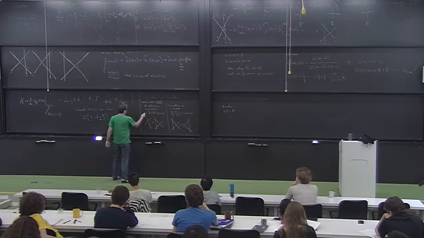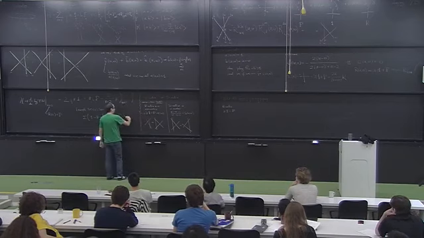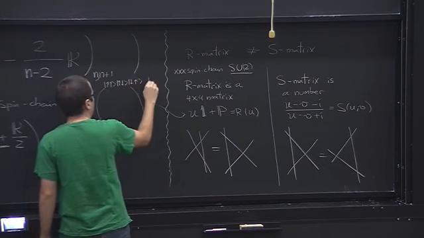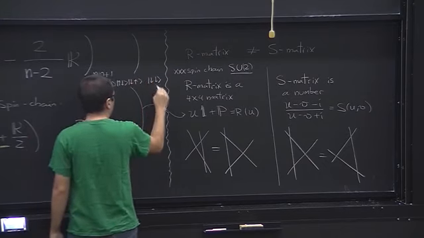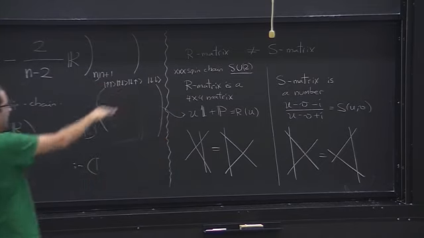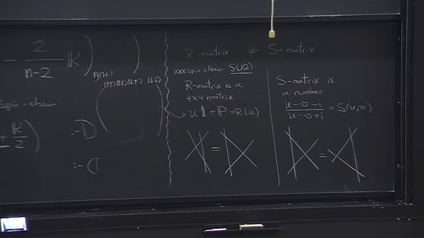Because if I put it as a matrix, I have up-up, up-down, down-up, down-down. These are all the incoming states, and these are all the outgoing states.